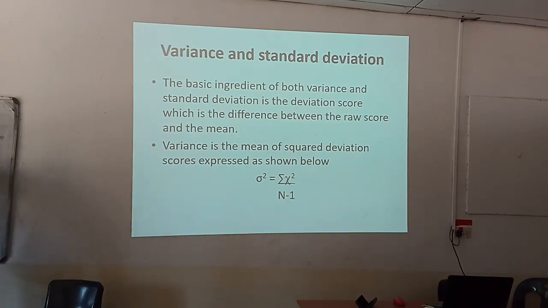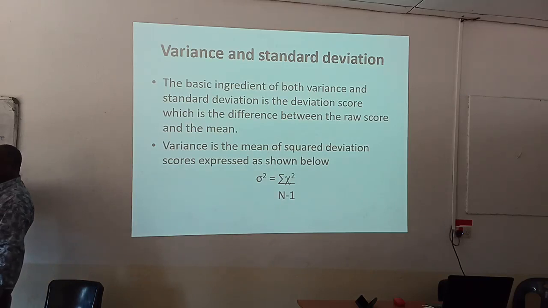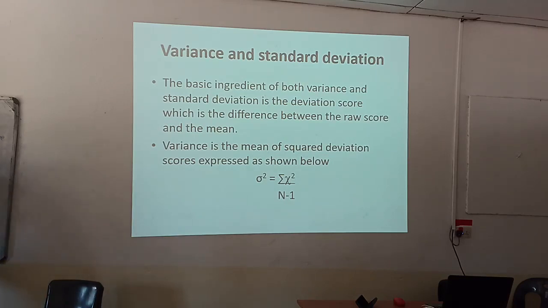61 minus 52 is a deviation score. That is, 52 minus 61, not 61 minus 52, but 52 minus 61 is a deviation score. 88 minus 61 is a deviation score.